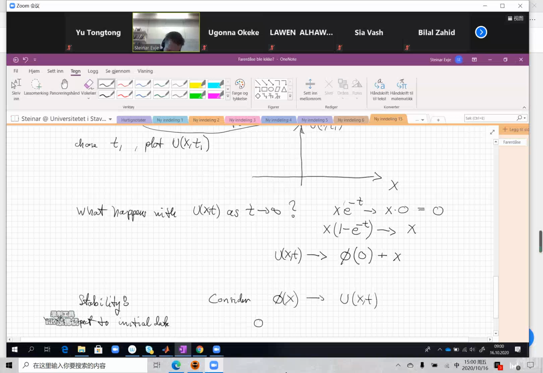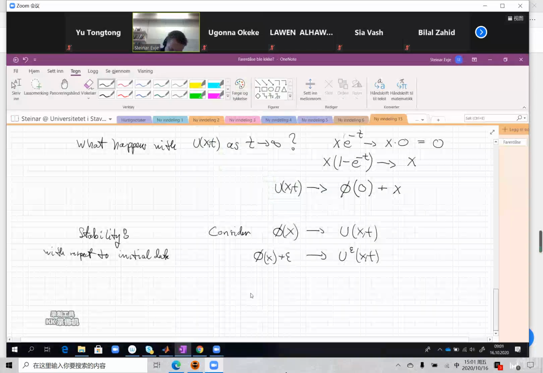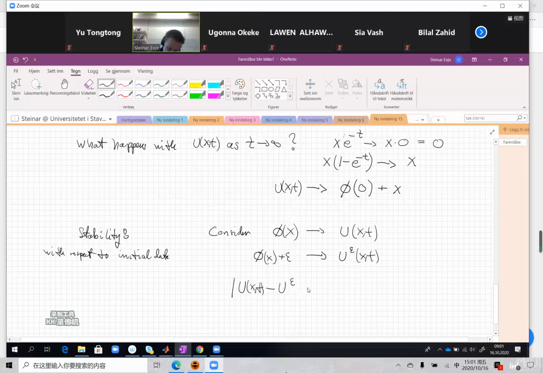But then stability: if we add some small epsilon, that will give rise to a new solution. And stability is a question about whether we can control the difference between those two solutions. Can we somehow estimate the difference between these two solutions?